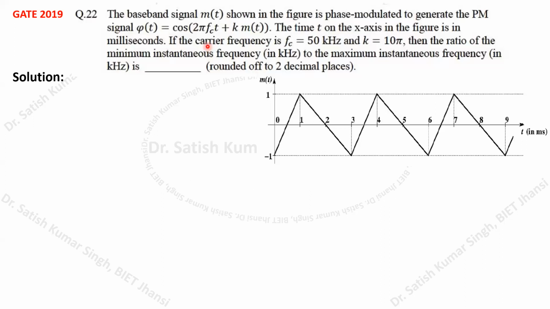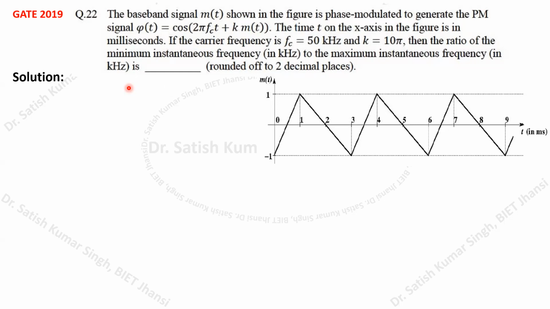If the carrier frequency is fc equals 50 kilohertz and k equals 10 pi, then the ratio of the minimum instantaneous frequency to the maximum instantaneous frequency is what? That is what we have to calculate.